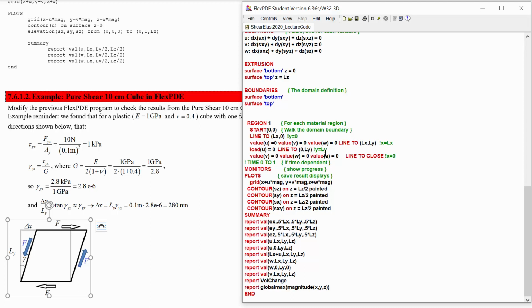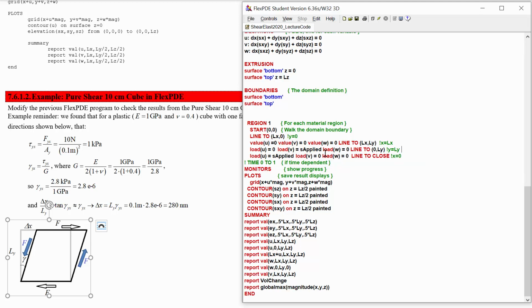Then the right side surface, we're going to have no load in x, no load in z, but we will have a load in y. Load v is equal to s applied. Then on the top surface, we'll put this stress only in the x direction and not in the y direction. No stress in y.